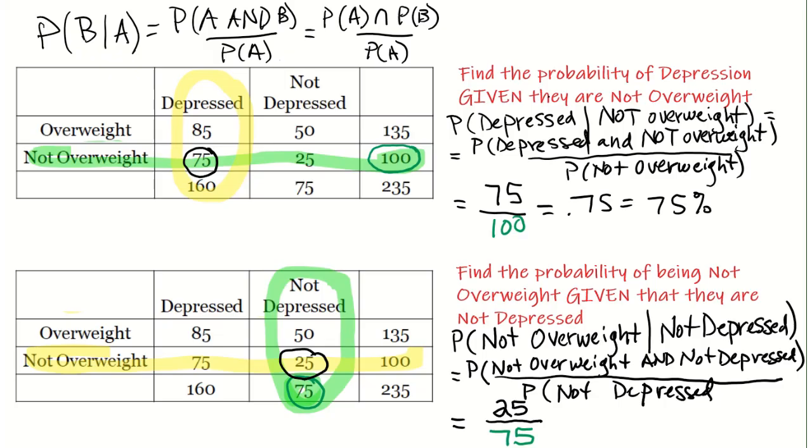So that gives me 25 divided by 75, which is 0.3333, which is 33.33%. So if someone identifies as not being depressed, there is a 33.33% probability they will also identify as not being overweight.